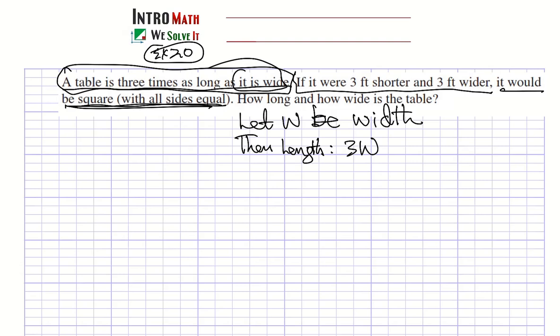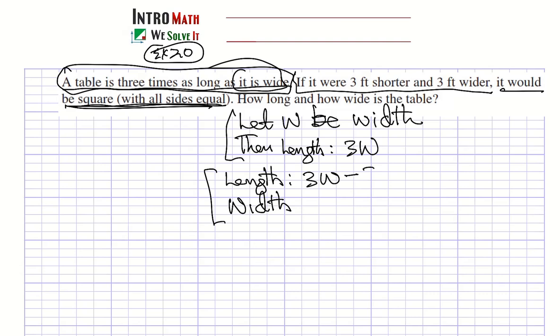Like I said, the words will get you. The second condition has to do with the length and then the width again. If the length is 3 feet shorter, you take the length 3W.